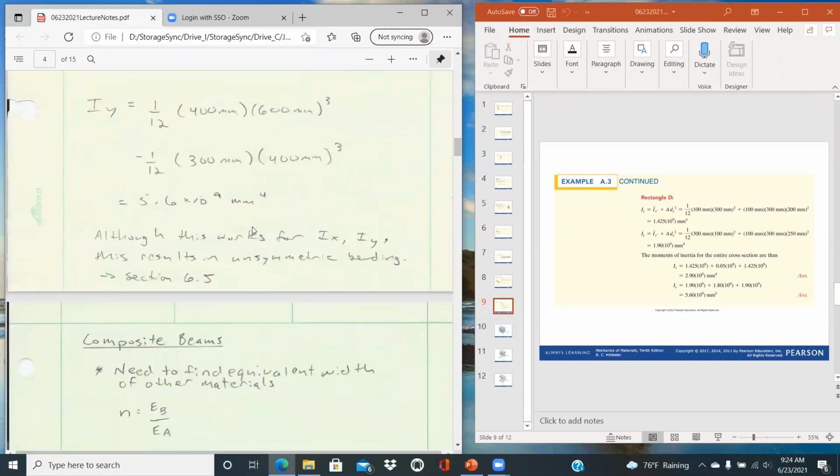So although this works for calculating your Ix and Iy values, this really results in unsymmetric bending, and that's a special topic covered later on in section 6.5. And so we don't have to worry about the unsymmetric bending aspect, but being knowledgeable to be able to solve what the area moment of inertia is will hold you accountable for that.